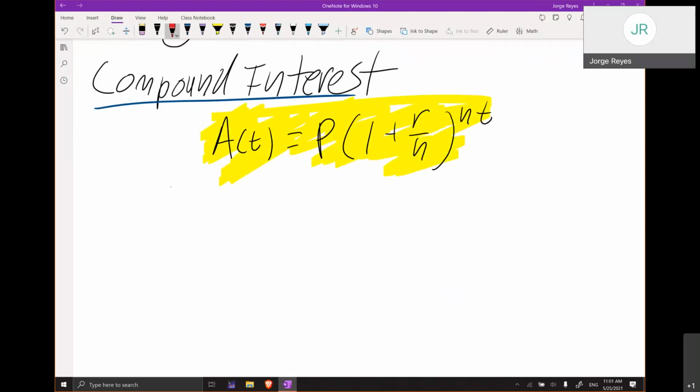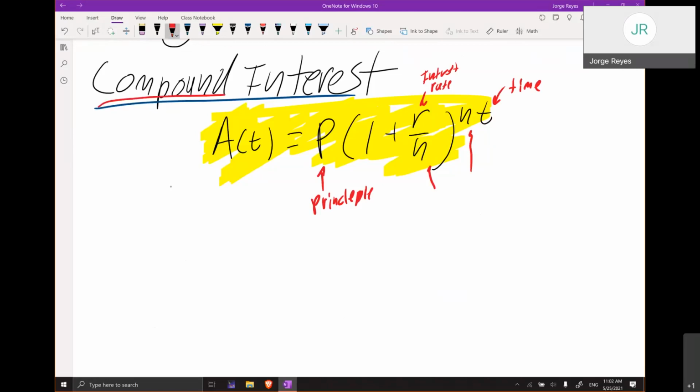If we remember the simple interest formula, pretty much everything's the same. So P still means principal. R still means interest rate. T, as always, means time. So you just need to figure out what N is. And N is the special part.